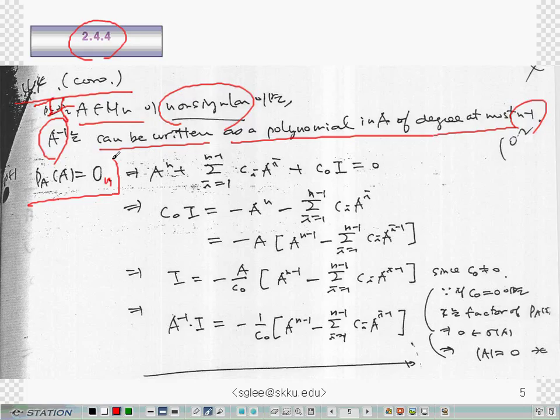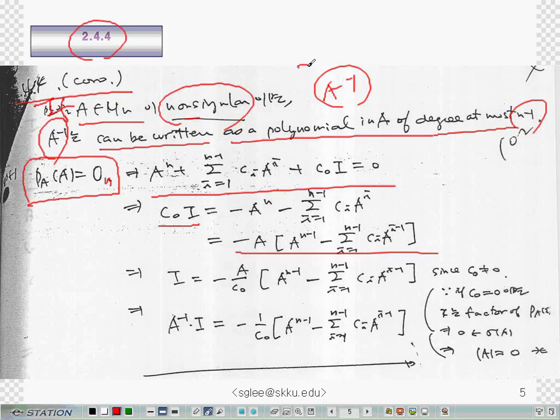Since the Cayley-Hamilton theorem, we have that. If we rewrite it in this way, it can be written in this way. So C naught times the identity matrix can be written in this way. Since A is non-singular, A inverse exists.